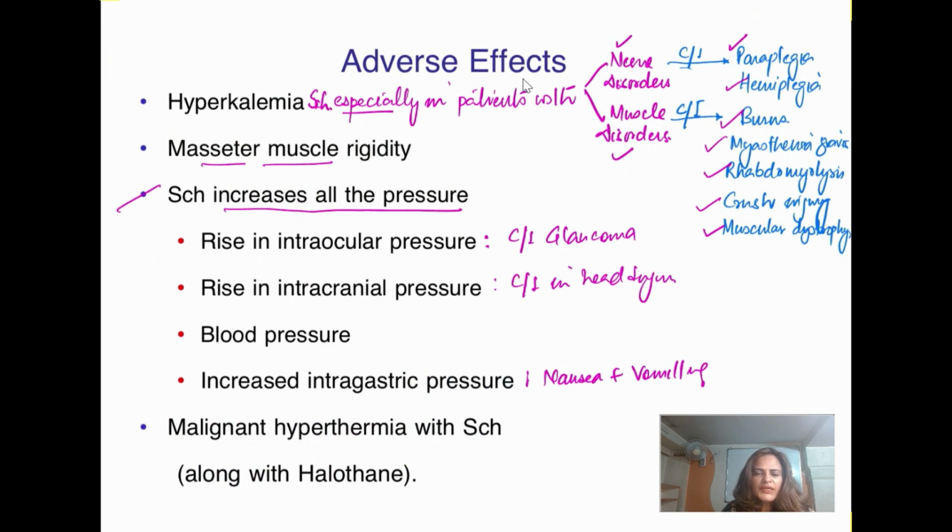Then another adverse effect of succinylcholine is that it may trigger malignant hyperthermia, especially when we are going to use it with halothane. Now, what is malignant hyperthermia? The word itself says hyperthermia, there is an increase in temperature. But it is not at all related with any irregularity of the thermostat.